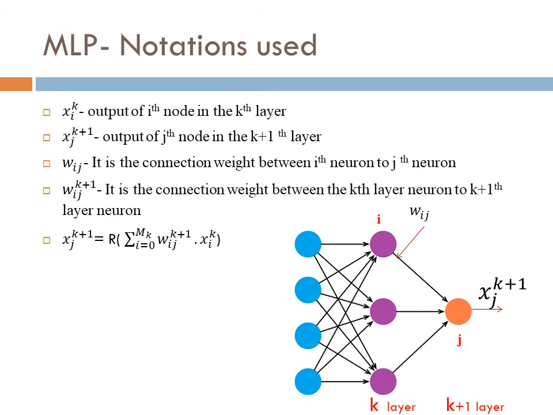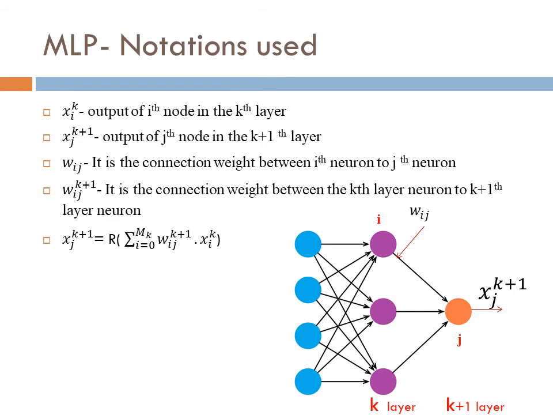So if you take any node i, x subscript i superscript k is the output of the ith node in the kth layer. This was obtained from the previous layer input, which is shaded in the blue color.